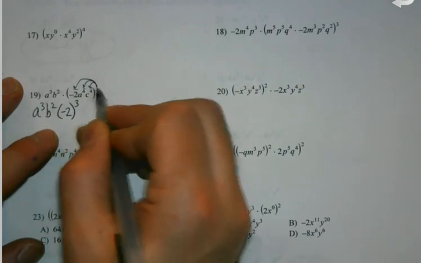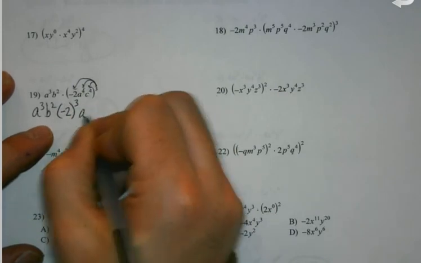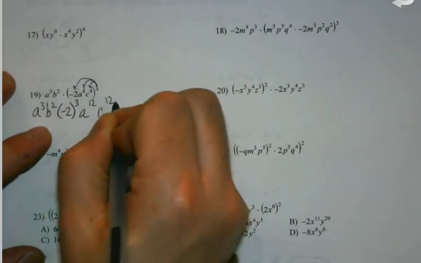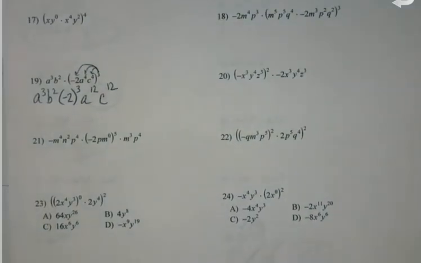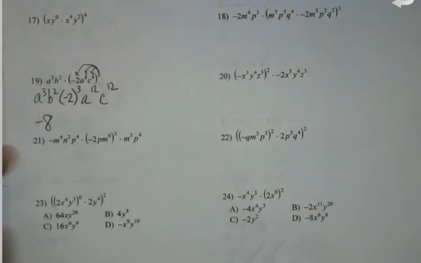And when I see the parentheses, I'm going to multiply. It's power to power. So 4 times 3 is 12. And now the only thing I've got left to do, negative 2 to the third, if I type that in the calculator, I get negative 8.